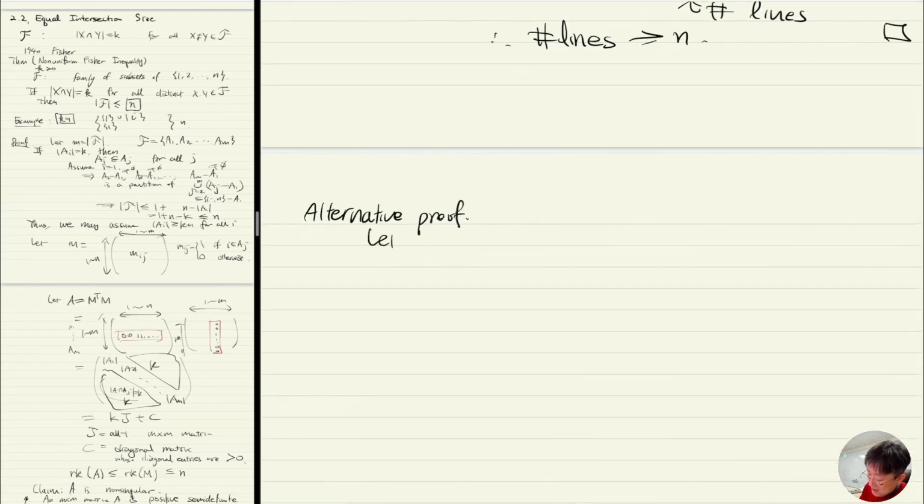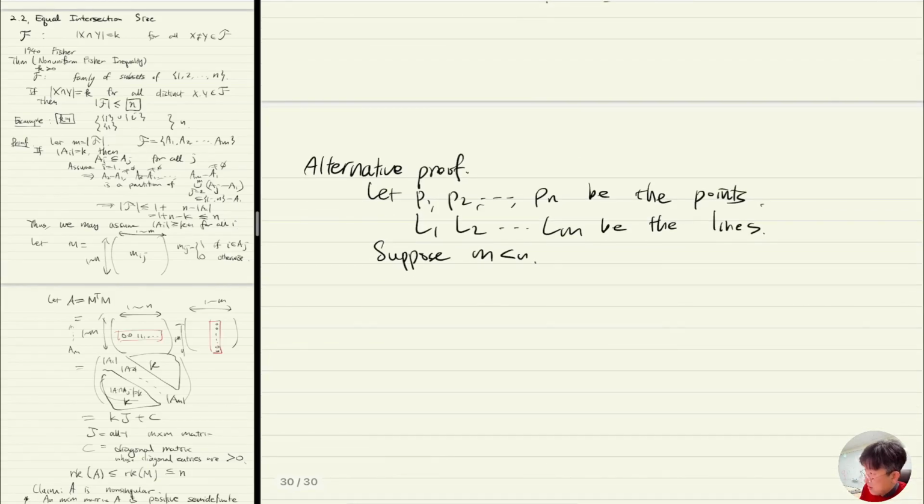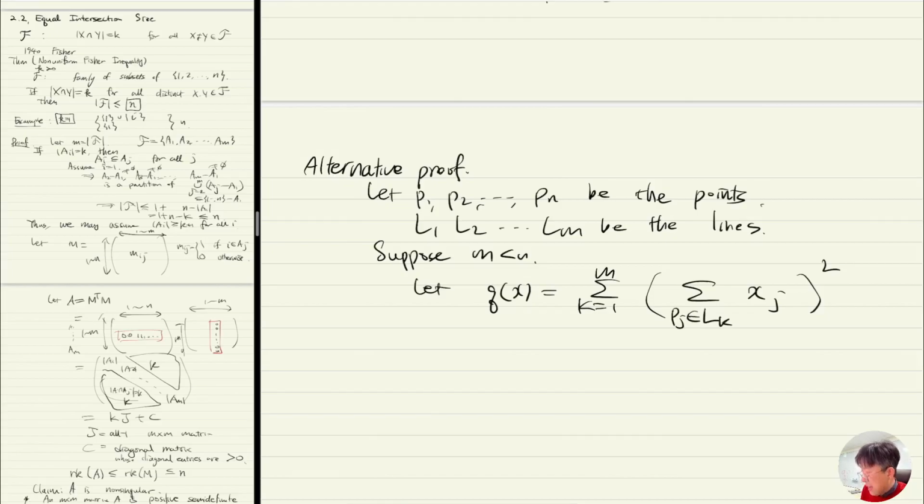So let P1, P2, ..., Pn be the points, and L1, L2, ..., Lm be the lines. And suppose that the number of lines is less than the number of points. Then what we do is we construct polynomials. So Q(x) be the sum over all lines of these polynomials, where inside you have the sum of x_j where p_j is on the line.